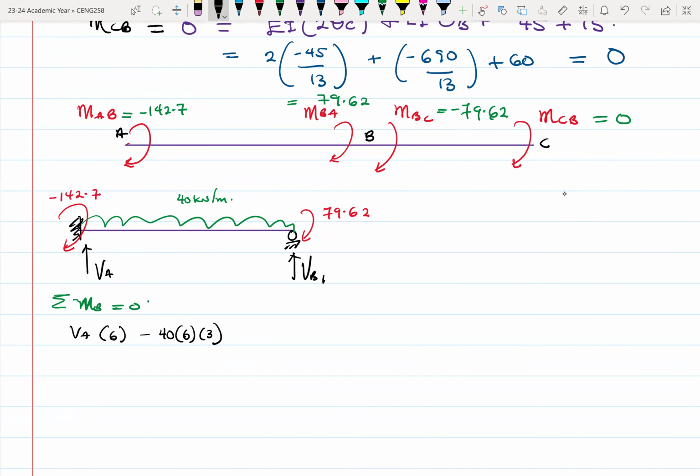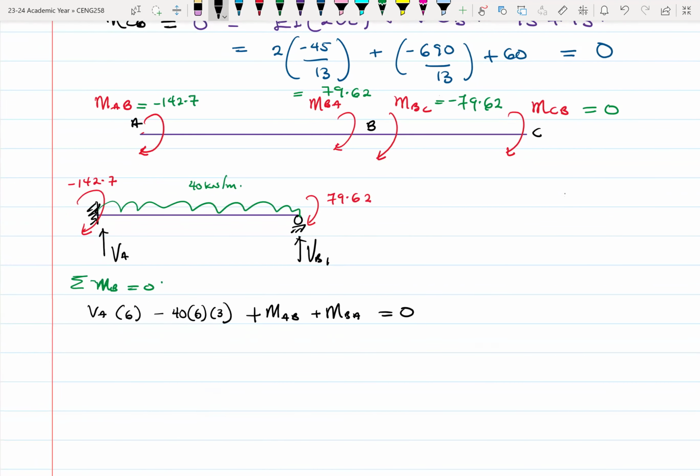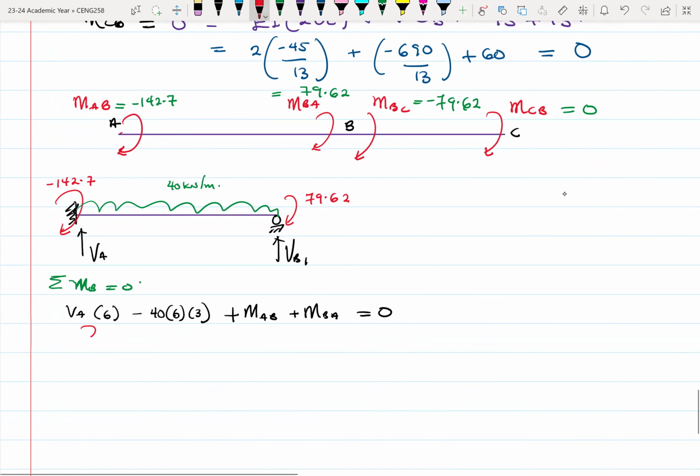Then plus MAB plus MBA equals 0. It's always good when we write it this way with the actual variables so that we see what is happening. The reason is because this is clockwise, this is counterclockwise, this is clockwise.